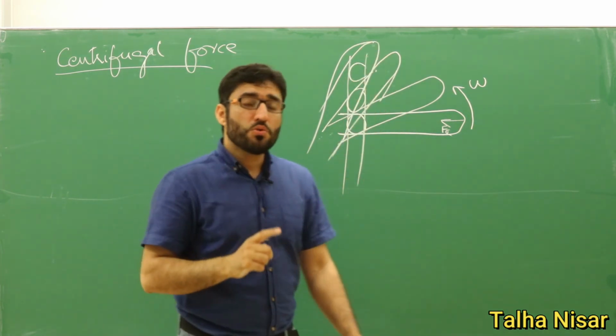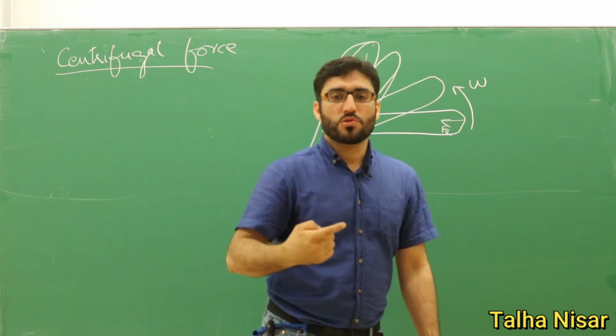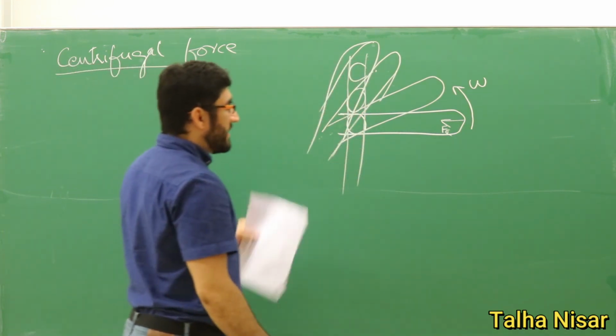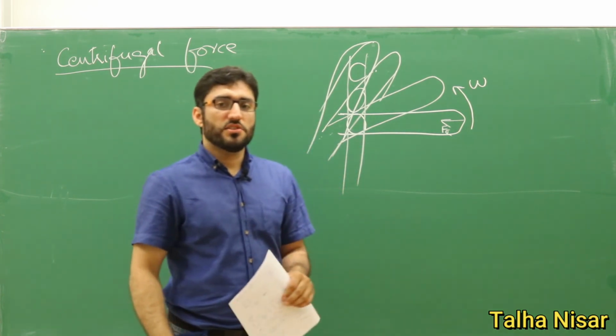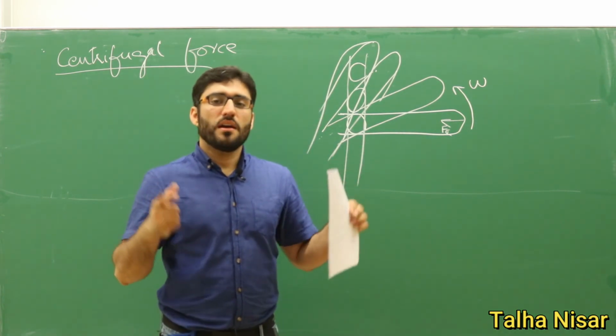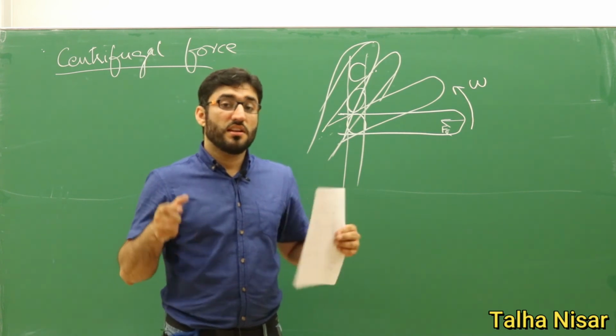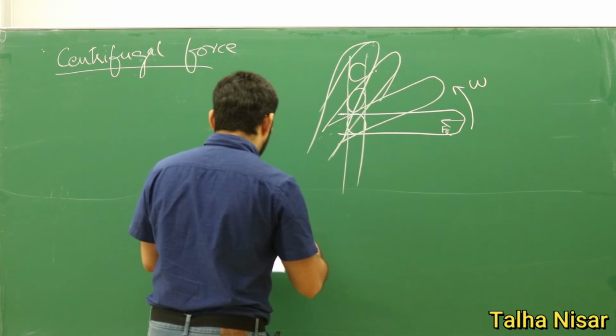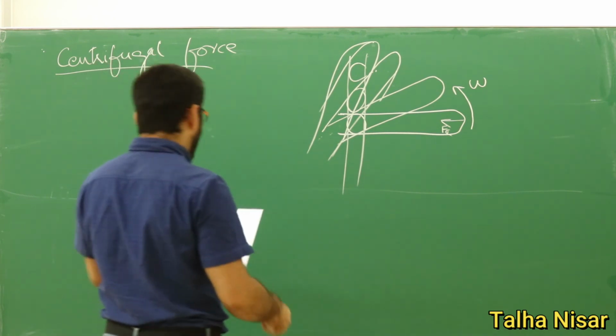If it is moving towards the edge, that means there is a force, and that force is known as the centrifugal force. This is the same basic physics concept used in the drying machine, which is what you use to dry clothes.